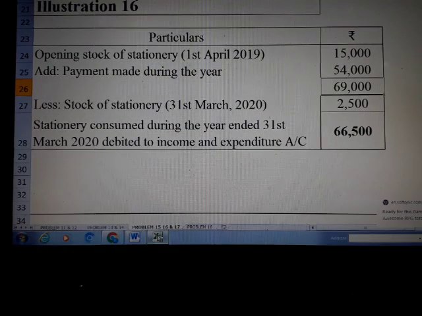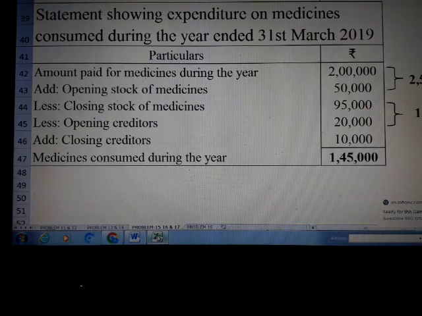So first I am going to show you a statement. This is the statement showing the expenditure of medicines consumed during the year ended 31st of March 2019, with particulars and amount in rupees. First line item: amount paid for the medicines.